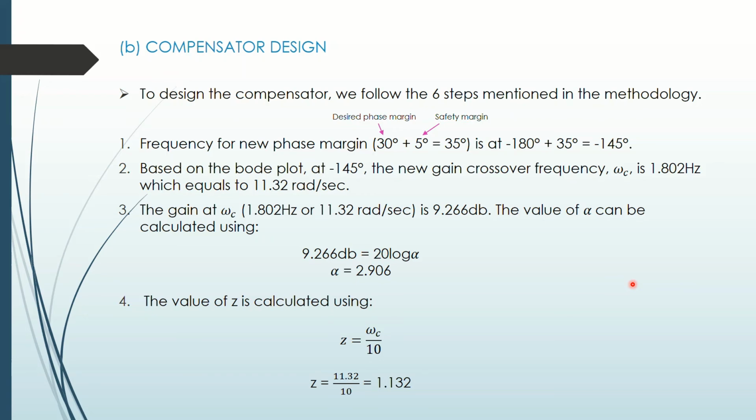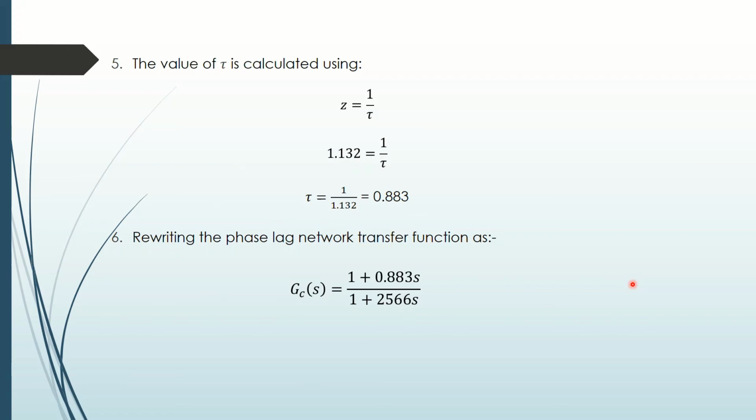Next, the value of z is calculated by using the formula z equals omega c over 10. Solving for z, we get z equals 1.132. The value of tau is calculated by using z equals 1 over tau. Solving for tau, we get tau equals 0.883.